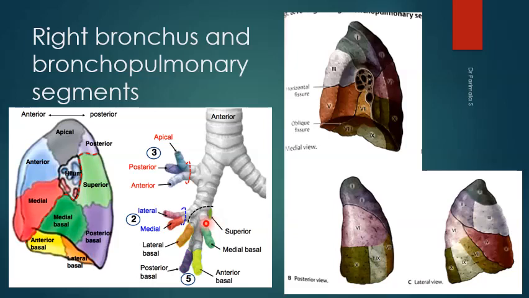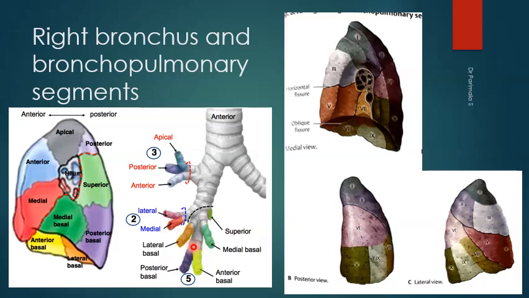And about 2 centimeters below the origin of the apical bronchus, the main bronchus gives off the anterior basal, medial basal, and then posterior basal and lateral basal divisions of the bronchus. The bronchus ends by dividing into the lateral and posterior basal segments.